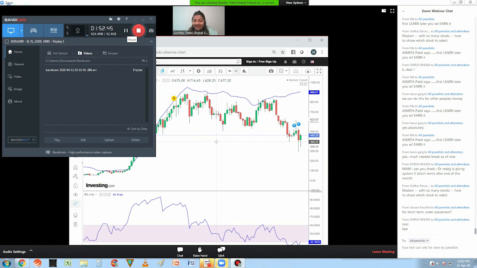Now, what is your rule number 1? Monthly candle should close above the Bollinger Bands, right? Now, let's understand how will this look visually on a graph.